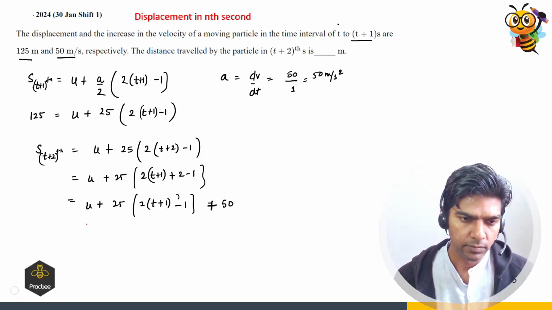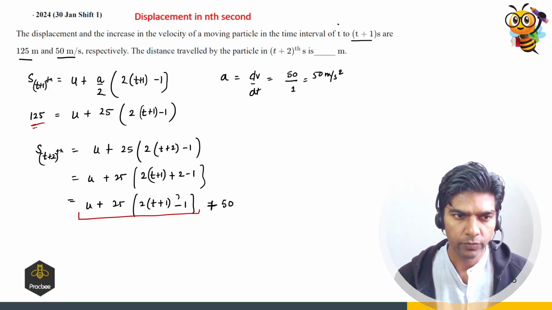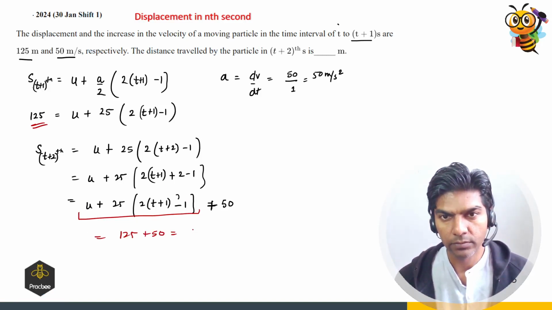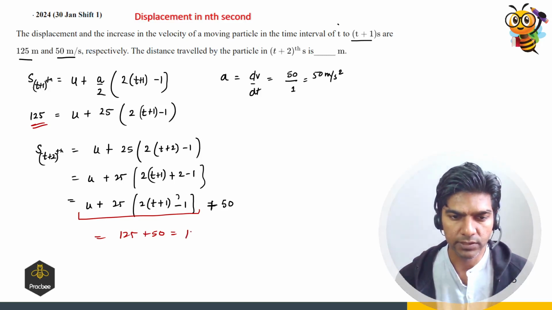Now these first two terms are nothing but 125. So 125 plus 50 will be the displacement in t plus 2th second. So 175 meters is the answer to this question.